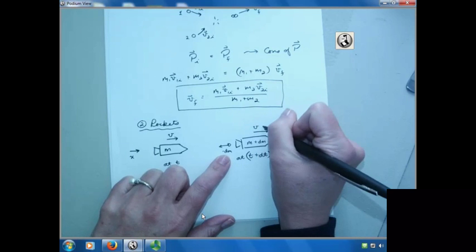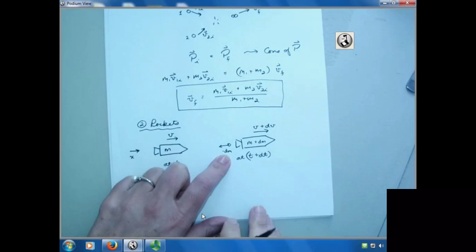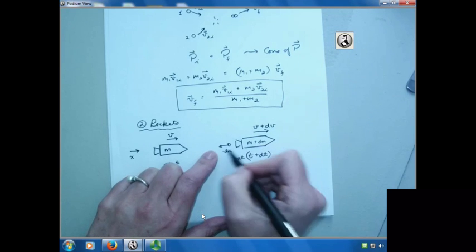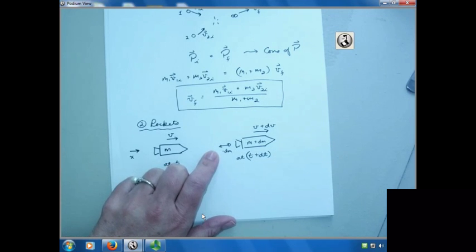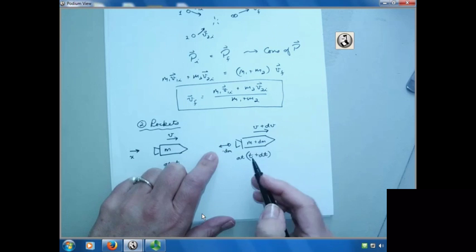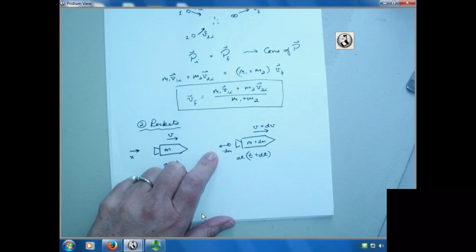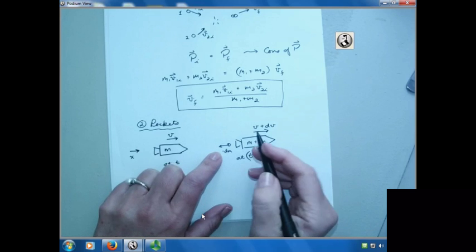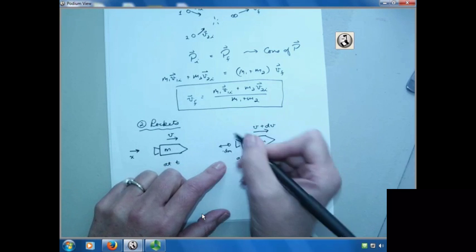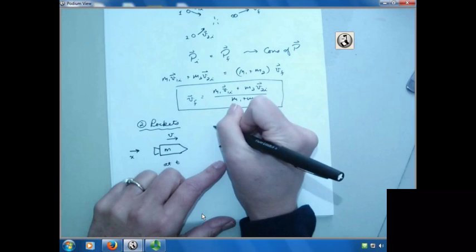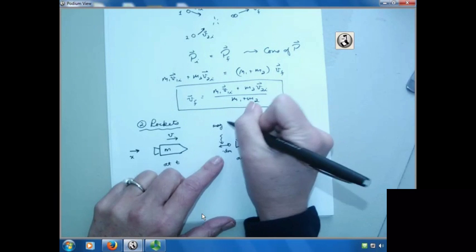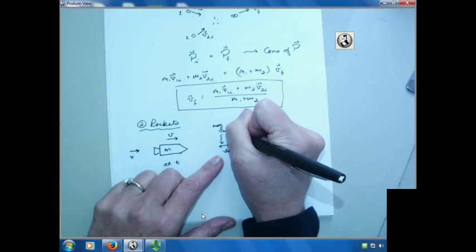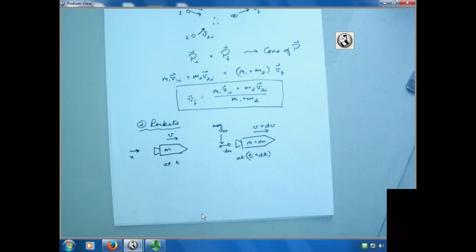So at this later time, now the rocket, having ejected this amount of mass, will now be moving forward at a rate of v plus dv. And this ejected bit of mass will be moving. Again, I need to think about its x component of velocity. So it's moving in this direction with a magnitude of v sub x, which is the speed with which the exhausted fuel is ejected.